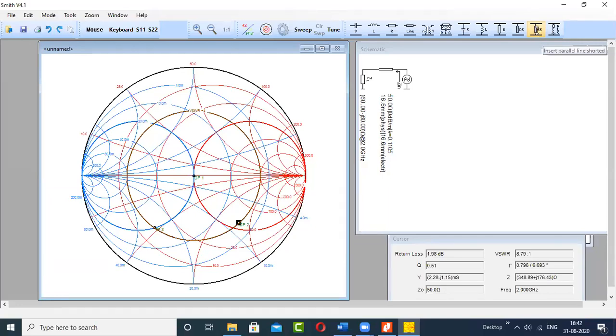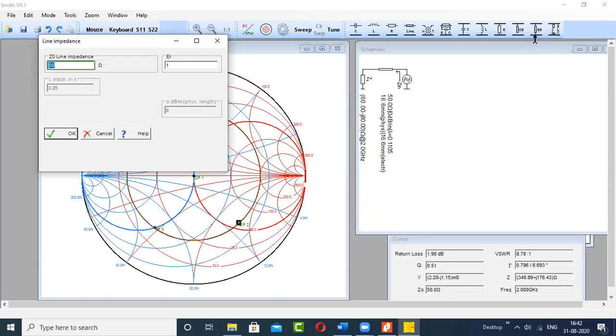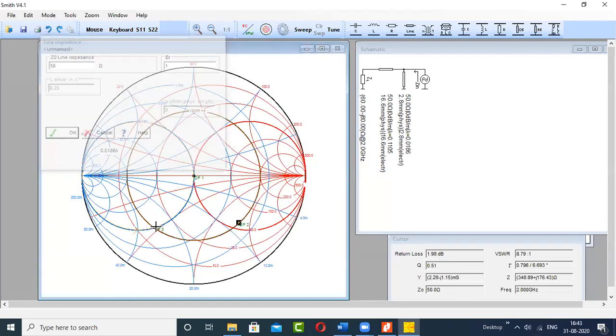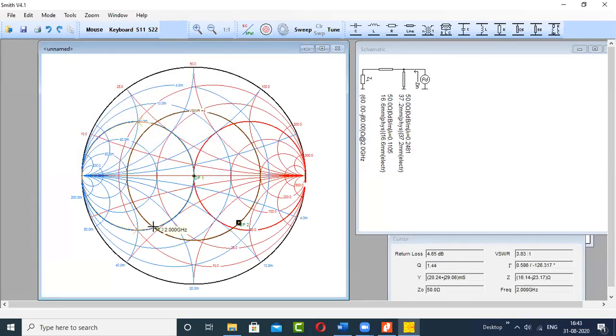Since it is a transmission line, it has some characteristic impedance. If the problem mentions a value with a dielectric constant, you can feed in that information accordingly. Otherwise you can keep it equal to the reference impedance, so I will keep it 50 ohm. Now see, what is the role of the stub?